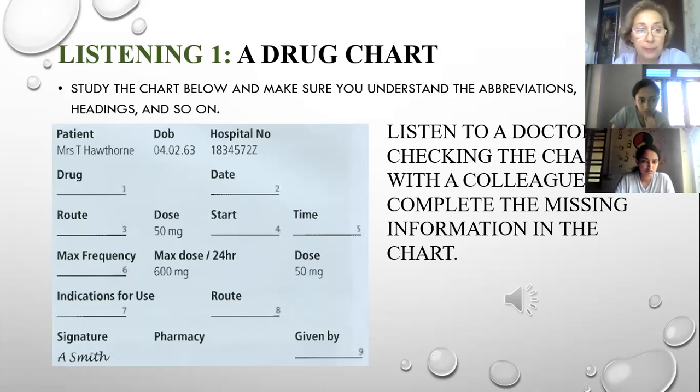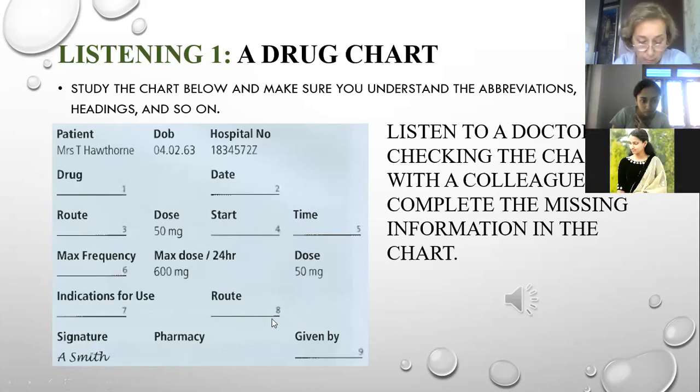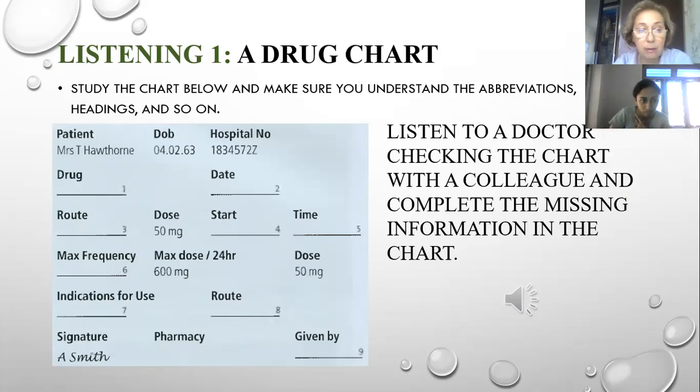How many times? And we see maximum dose. And number 7 is indications for use. This is also about how the medicine should be used, and also the route by which the medication can be given.